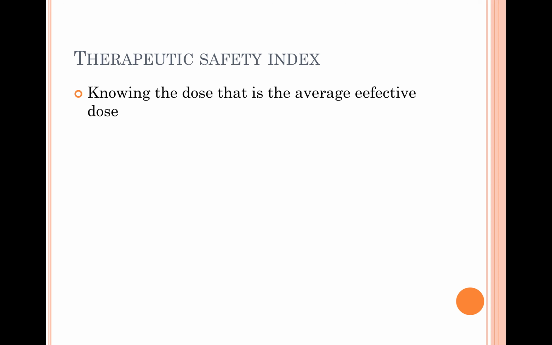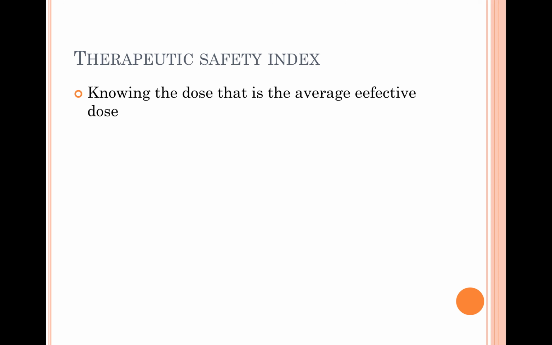Another factor that plays a role in the pharmacodynamics of the drug, or how the drug is affecting the body, is relating to what we call the therapeutic safety index of the drug. The therapeutic safety index describes the drug in reference to its level of safety in titration. This is a mathematical factor that is determined when the drug is studied in clinical trials by the pharmaceutical company.